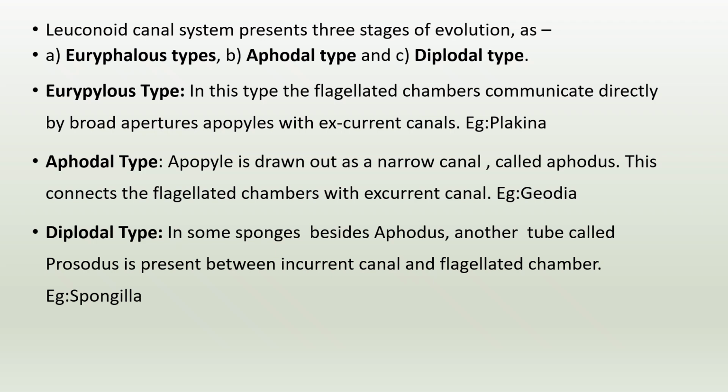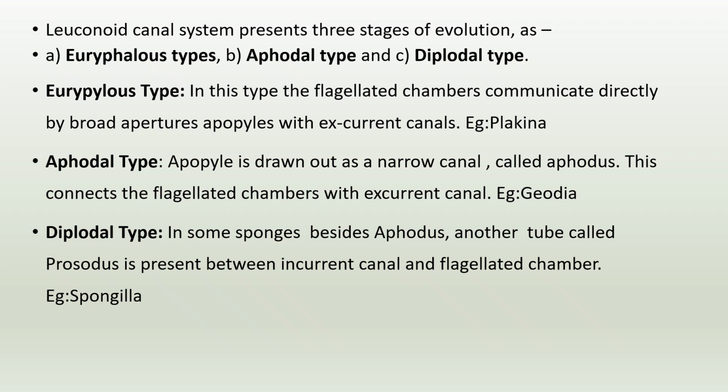The Leucon type of canal system presents three grades of evolution. They are the eurypylous type, the aphodal type, and the diplodal type. So in the eurypylous type, you can see that the flagellated chambers communicate directly by broad apertures called apopyles with the excurrent canals. Example is Plakina.